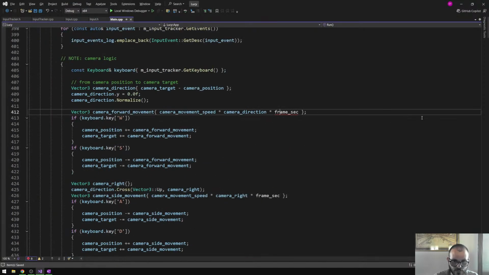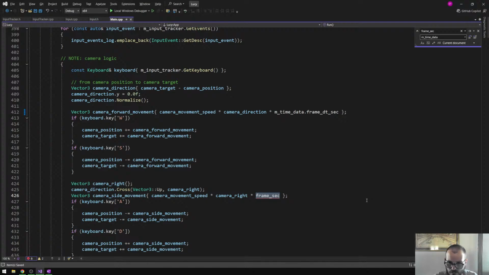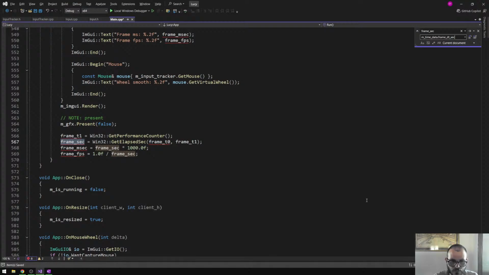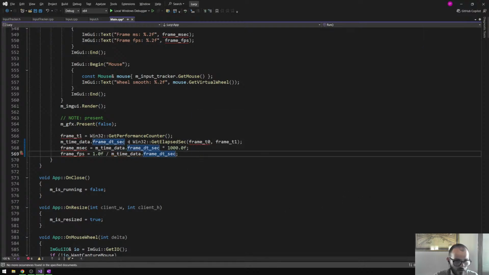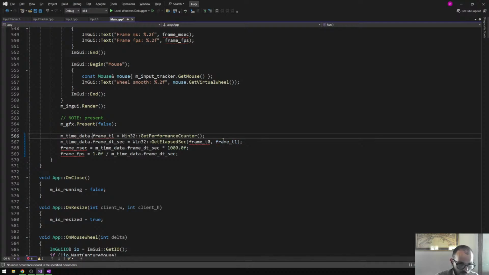Okay. Frame delta time in seconds. And time data dot frame delta time in seconds. Okay. Okay, so time data dot frame end.